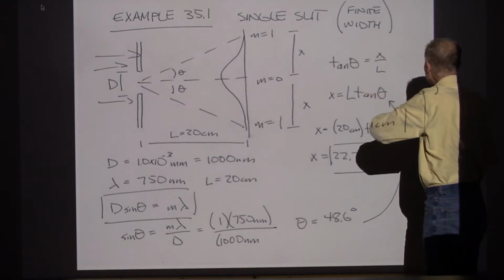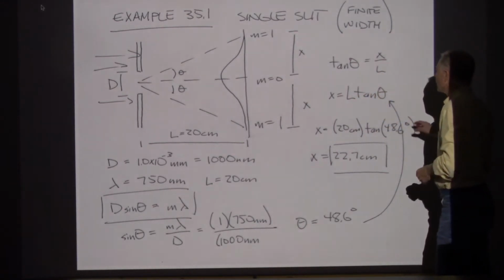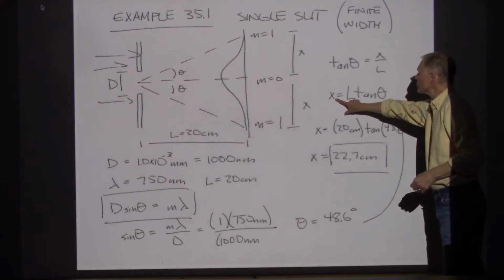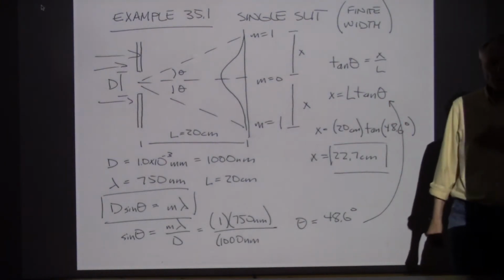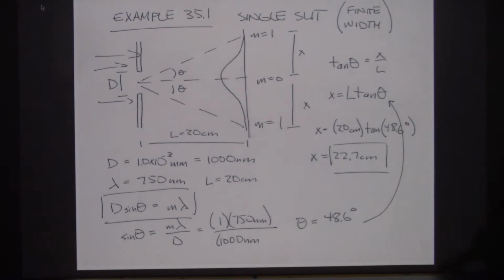This formula just says once we know the angle, we can solve for the distance along the screen. The first reason not to do it is that you're starting out and you want to see in your formulas everything that's happening. When you use the small angle approximation, you lose information about the angles, and you want to practice seeing that. That's part of the learning process.